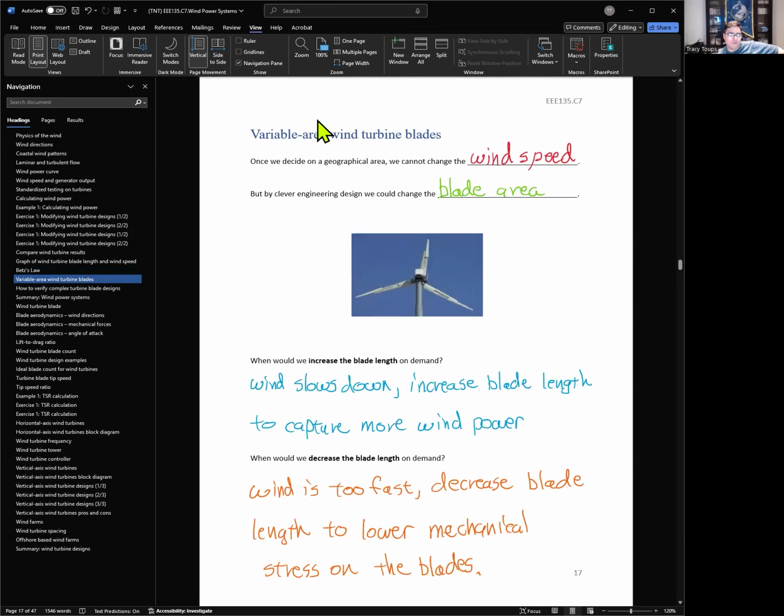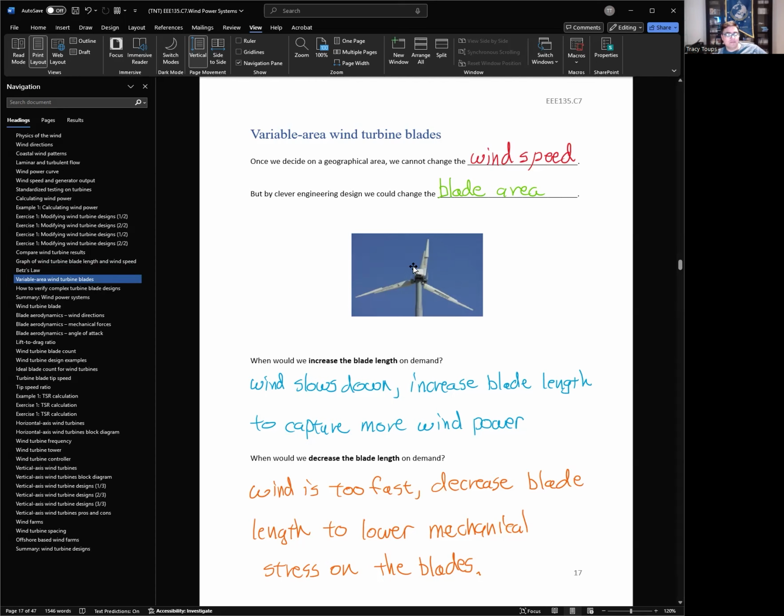So we know that wind speed, that's just nature. We just pick the right spot and then it blows. There are some things we can control. One thing we control is the length of the blade. Normally the blade is fixed. It's just a big tube of carbon fiber or fiberglass or steel, I guess, right?